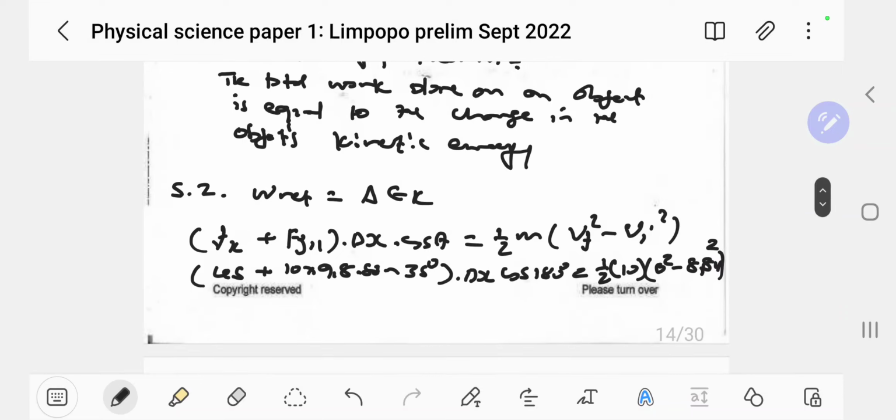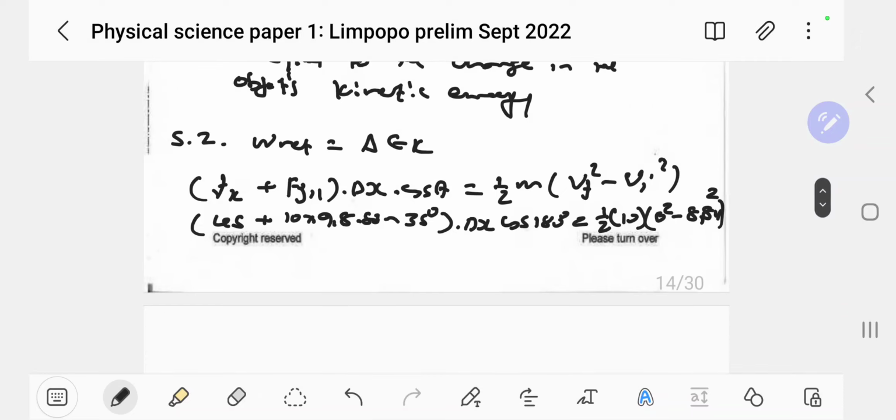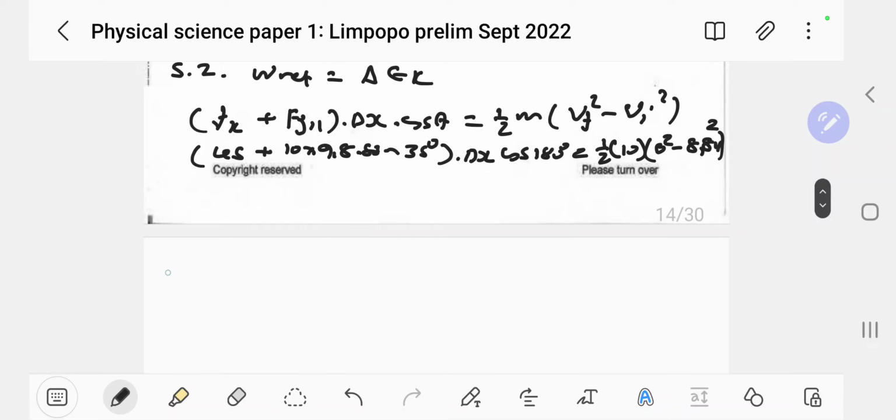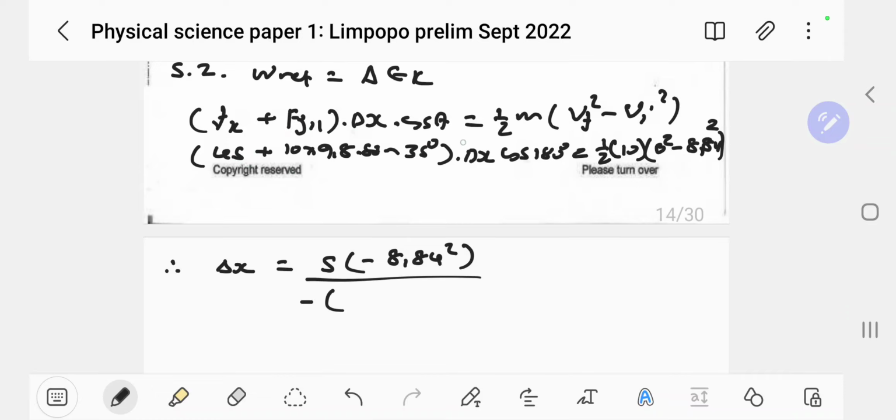Okay, guys. These calculations are really doing a number on me right now. So we can say therefore our delta x is going to be equal to, now cos of 180 is a negative, half of 10 is 5 into minus 8,84 squared, divided by that sum, but that sum is negative because of this cos of 180.